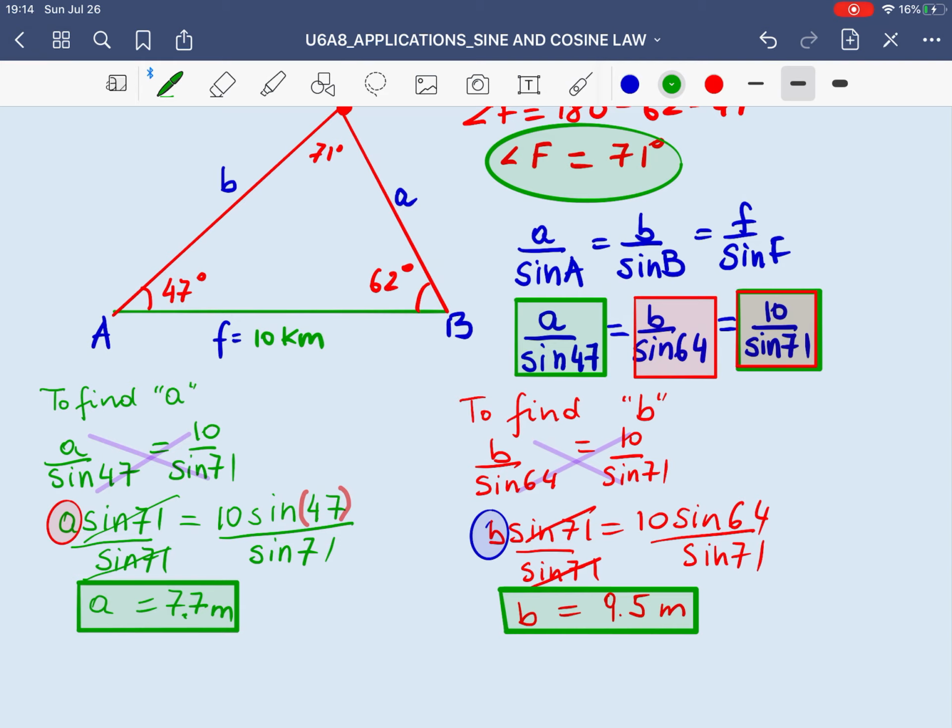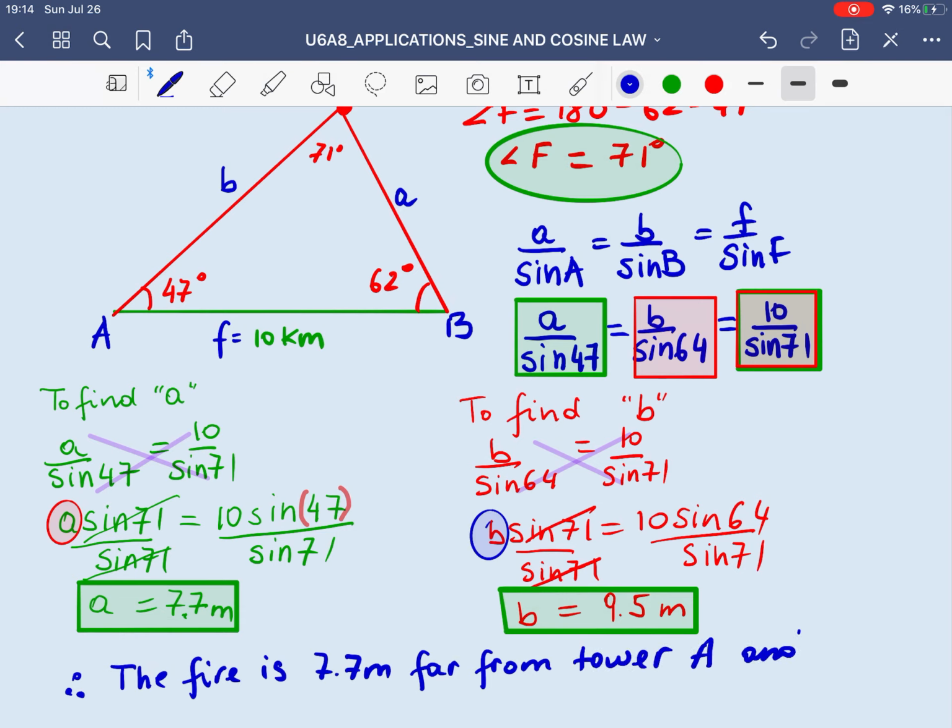So we're going to say the fire is 7.7 meters far from tower A and 9.5 meters far from tower B.